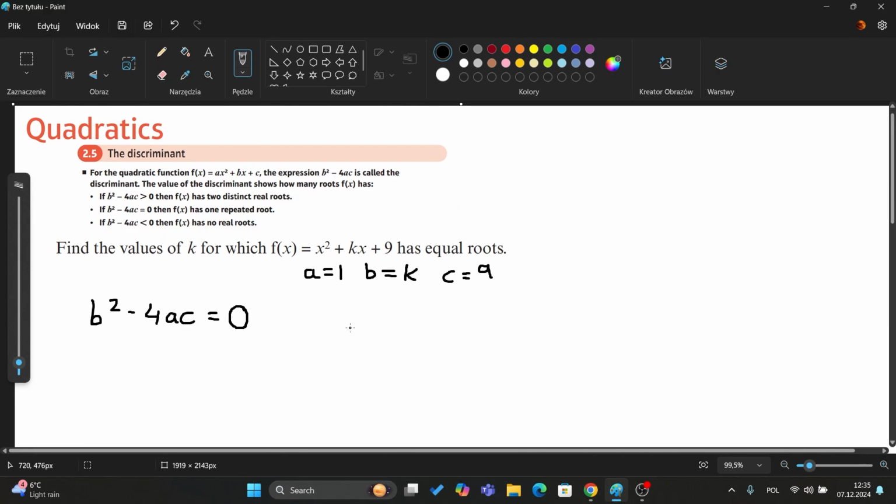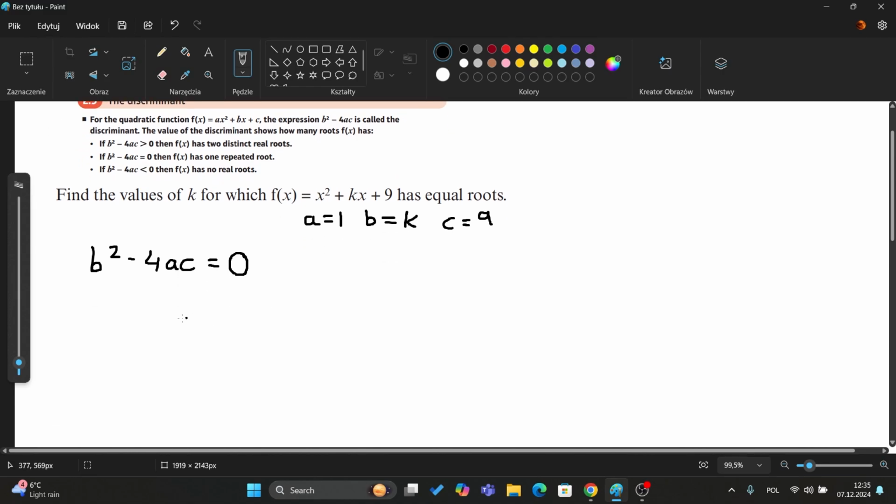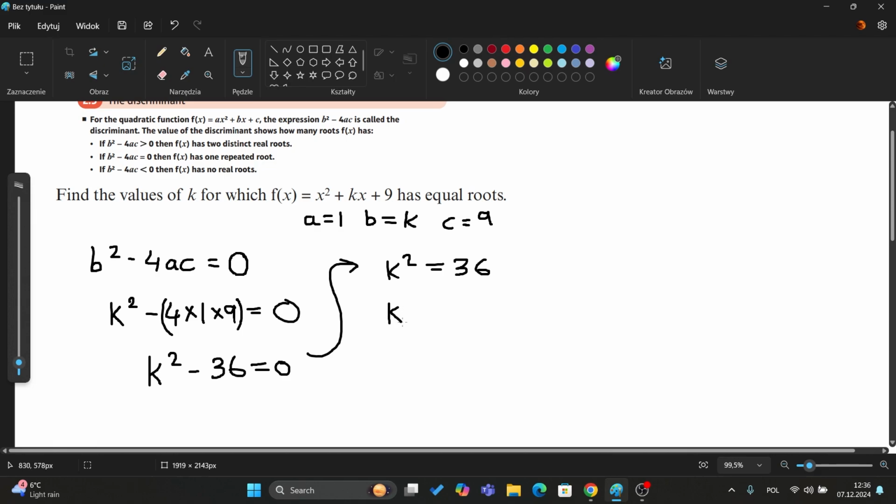We plug in a equals 1, b equals k, and c equals 9 into b squared minus 4ac equals 0, because it is 0 when there are equal roots. So the value of b squared minus 4ac will be equal to 0. We plug it in like this, and we solve it. And we get k equals plus or minus 6, which are the two values of k.